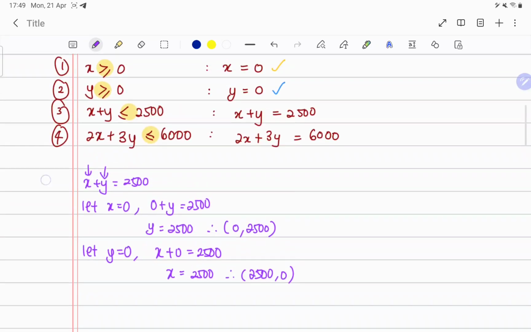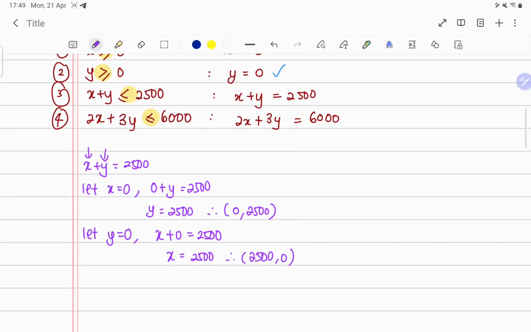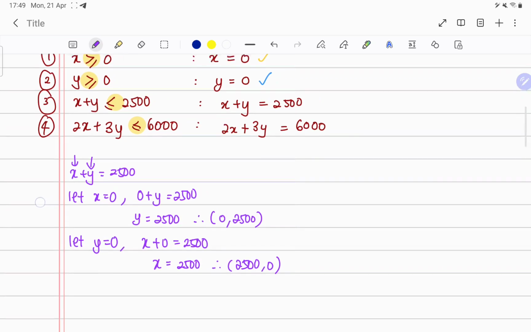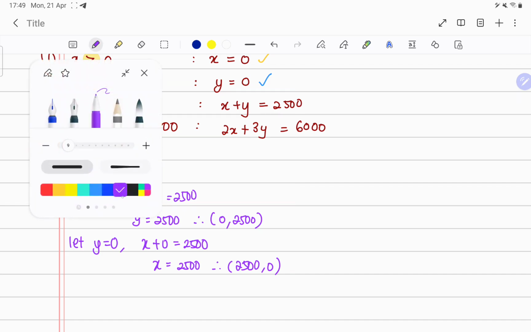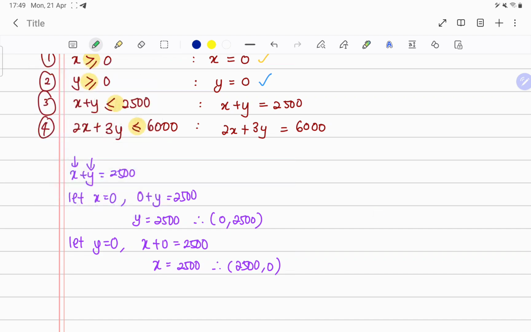Now we're going to do another equation, which is 2x plus 3y equal to 6000. So this one I will use another color. Maybe I'll use green. Okay, so 2x plus 3y equal to 6000.